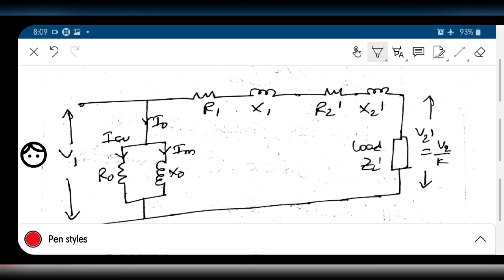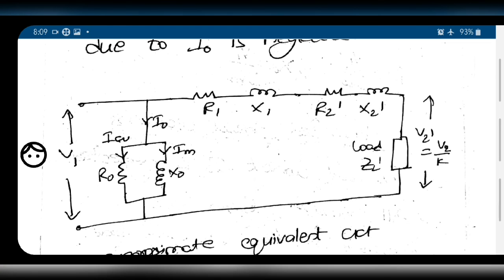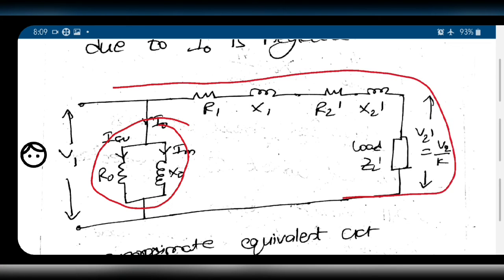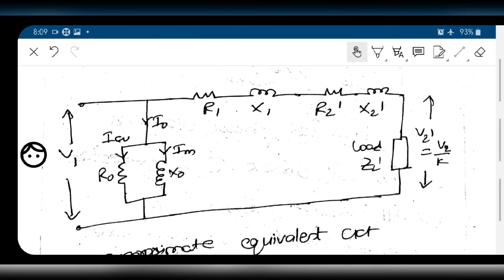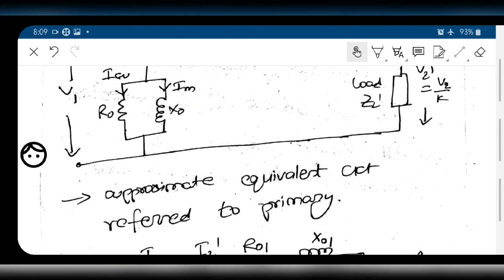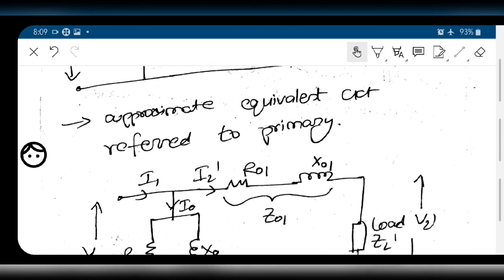It is approximate because by shifting this excitation branch we have neglected the voltage drop created by I0 in R1 and X1. In the next circuit diagram, even if you remove this excitation branch and draw the remaining circuit, there won't be much problem.